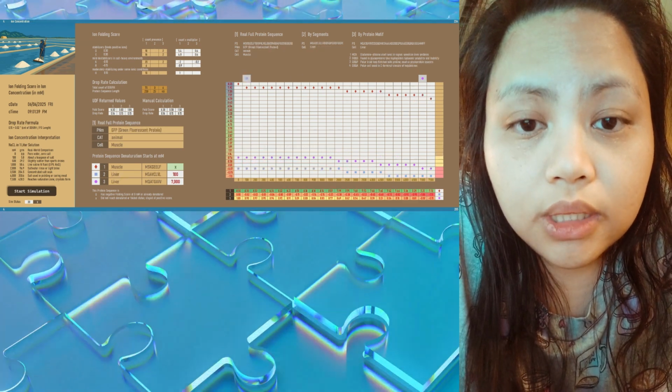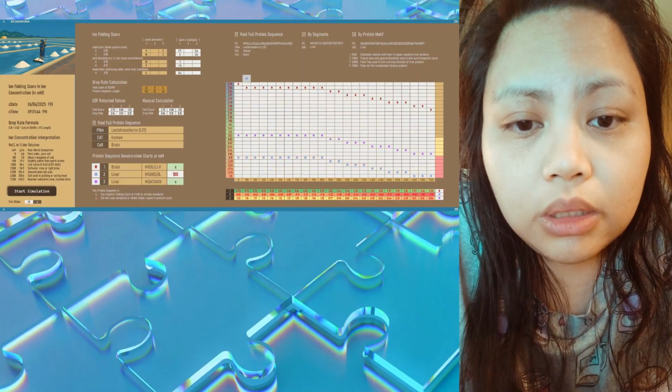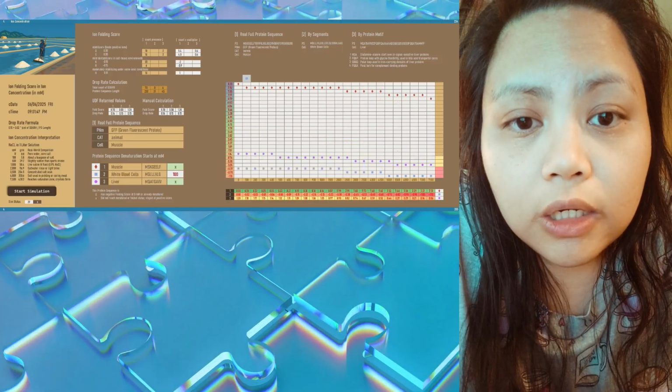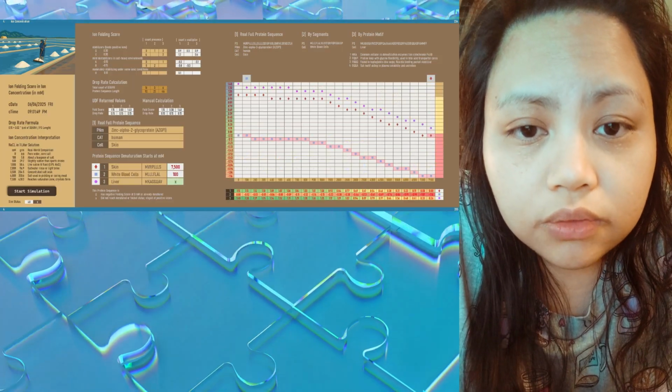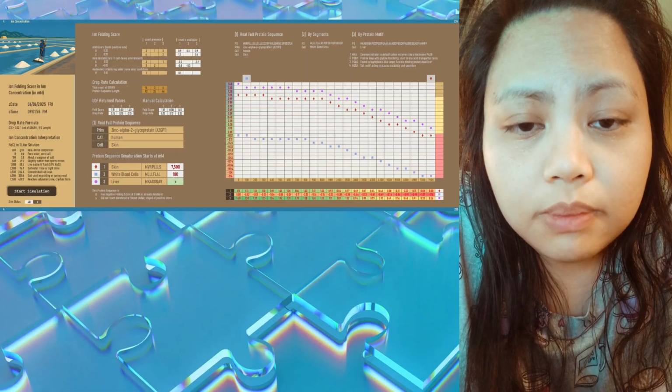And I also have a UDF crafted by ChatGPT, so that we can compare if my calculation is correct. But it's actually very straightforward. It's just those amino acids.